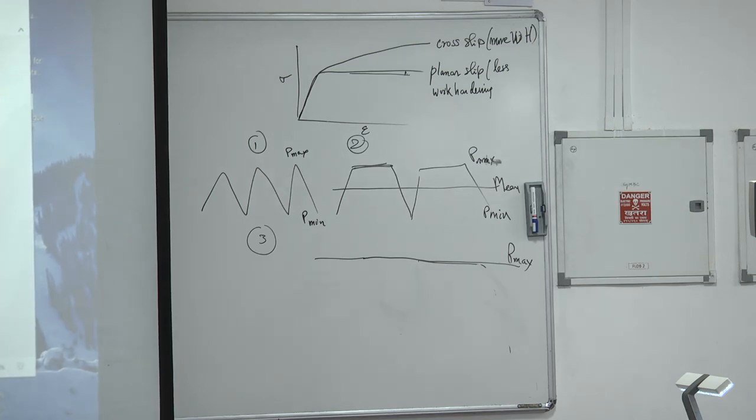You won't see striations that much when you're having planar slip. For some reason, we don't see it. Even though the crack is propagating by fatigue mode, when you have a lot of planar slip, you're only seeing those slip bands, you won't see the striations that much.